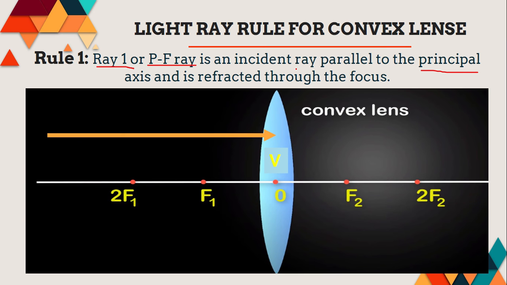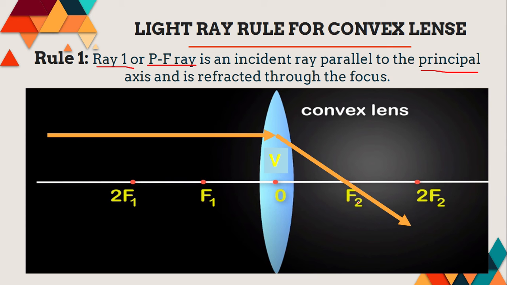Basically, this is the light ray parallel to the principal axis. So, we notice it is parallel to the principal axis. Then, it is refracted through the focus. So, it will hit the convex lens, then it will be refracted, or there will be bending of light, toward the focus. It goes toward the focus.